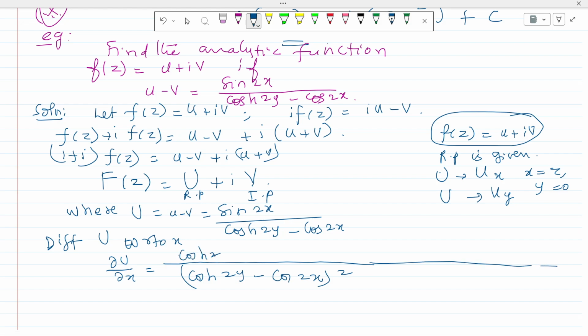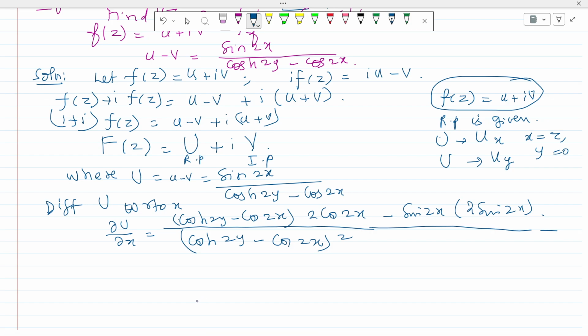Cosh 2y minus cos 2x, then differentiation of sin 2x is 2 cos 2x, minus, keep it that sin 2x. Then differentiation of cosh 2y is 0. Only cos 2x is there. Minus already is there. Minus minus plus 2 sin 2x.